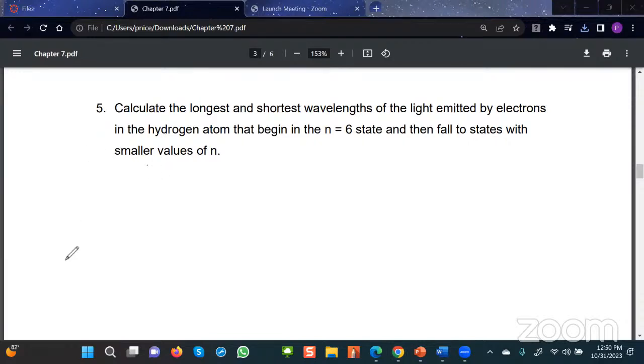So we have n equal 1, n equal 2, n equal 3, n equal 4, n equal 5, and then n equals 6.